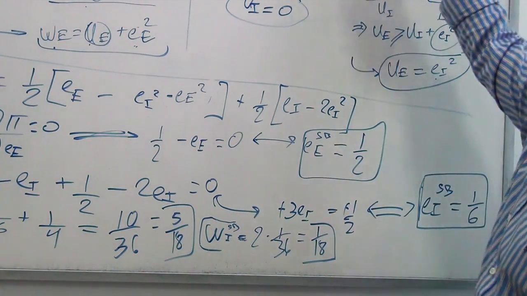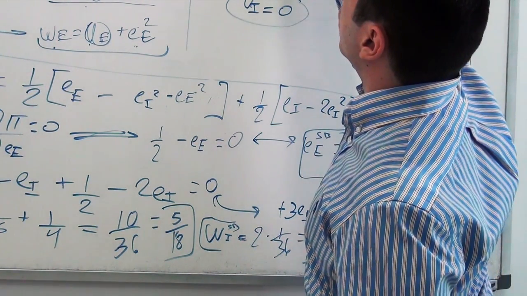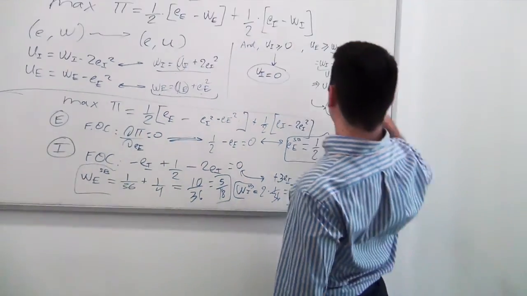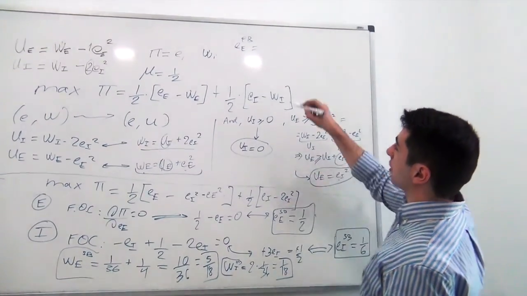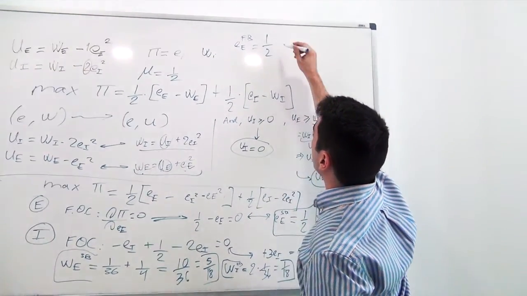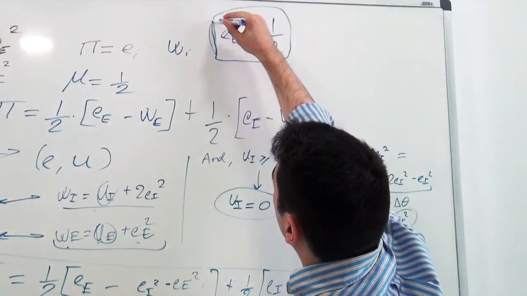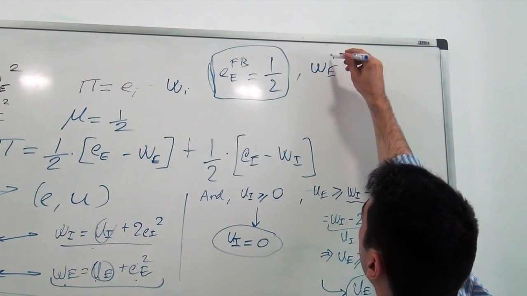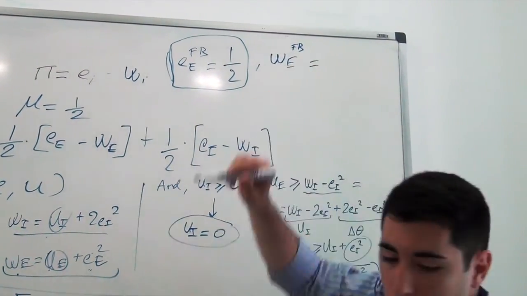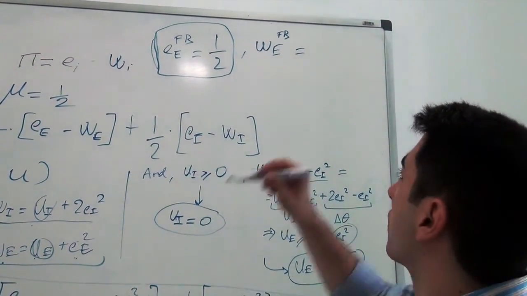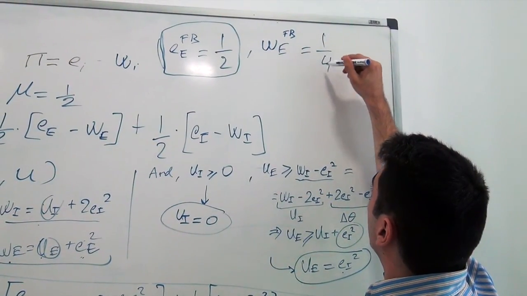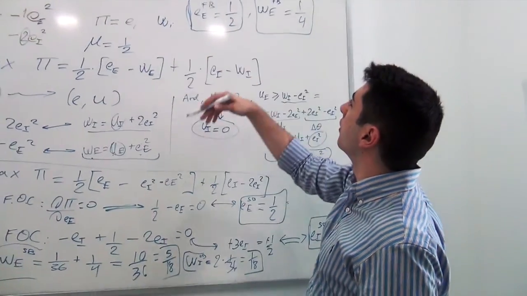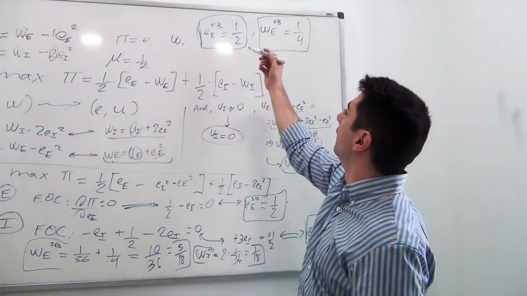Okay, so the effort level for the efficient type in the first best is the same as in the second best, which is 1/2, and the wage for the efficient in the first best was, you can check all this if you replay the video later.